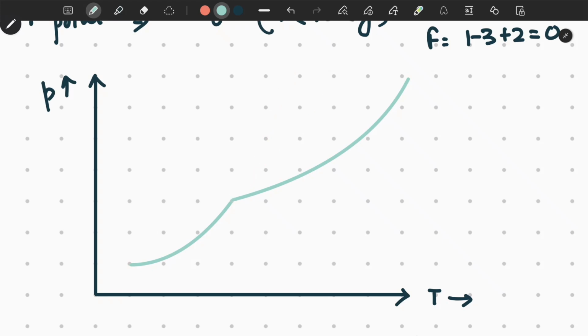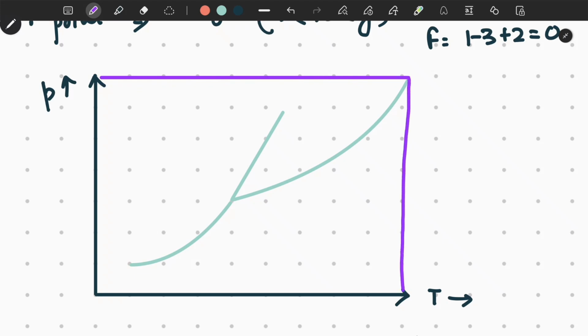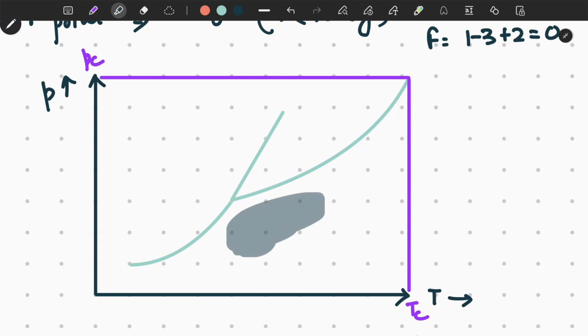Something like this. Oh, this is not parallel. So this is TC and this is PC. And this area is totally gas, carbon dioxide gas.